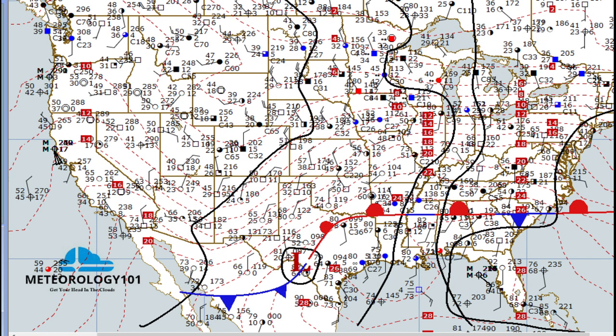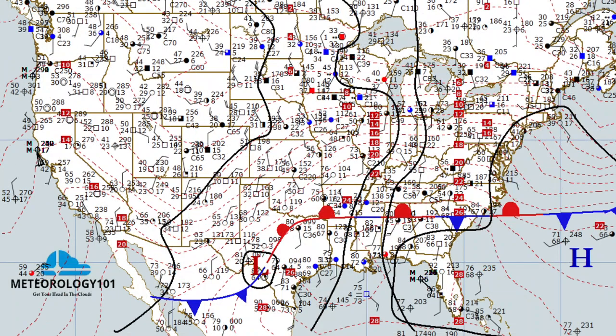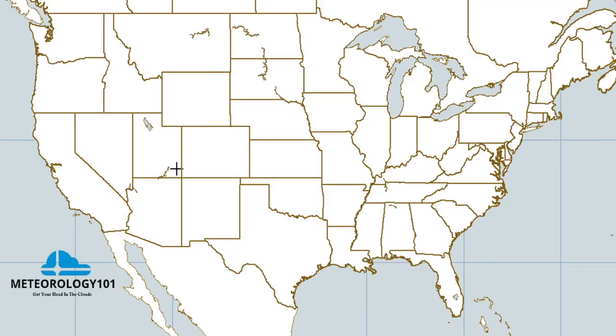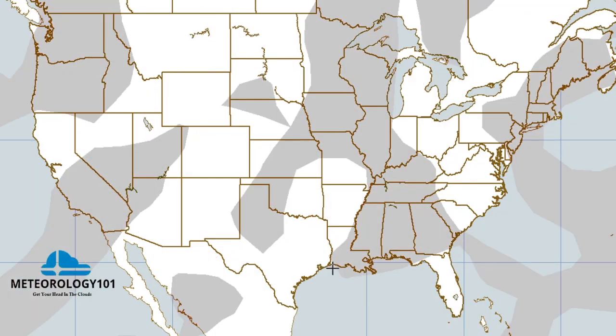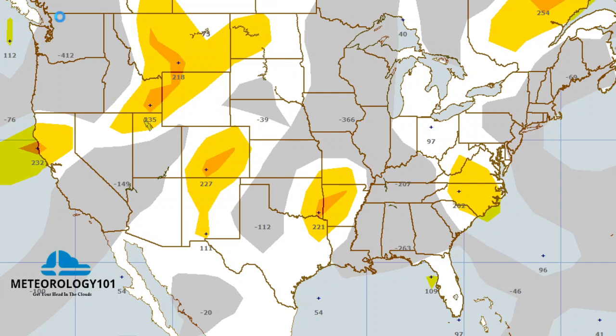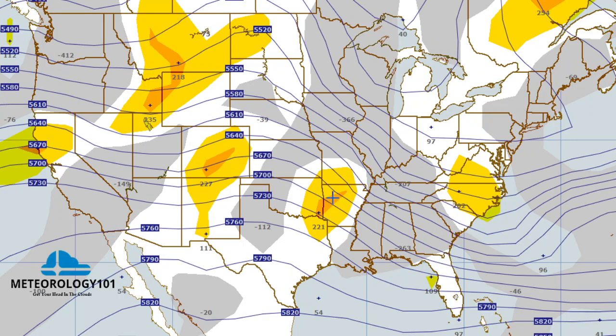So let's go to the 500 millibar chart. Let me get you back over here where you can get a better view. Run vorticity. That's going to erase that. Start over. Okay. All right, so we do have it over Arkansas, Oklahoma.